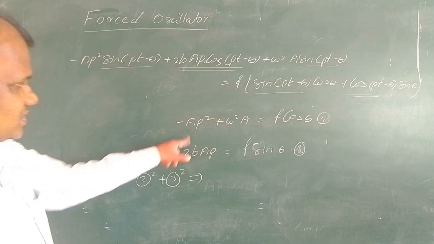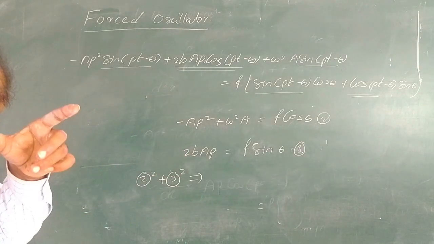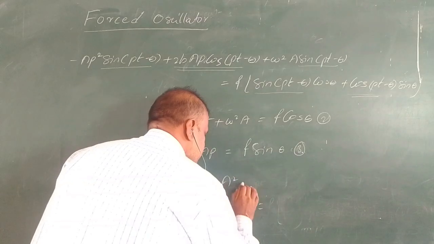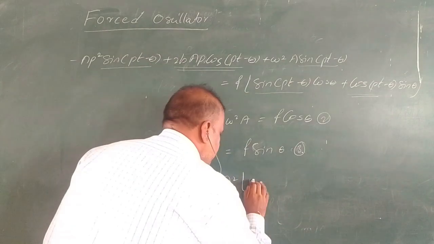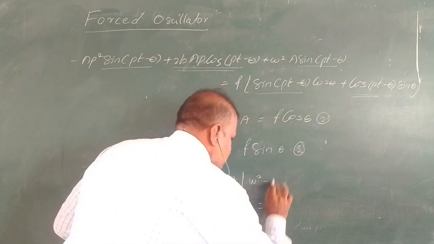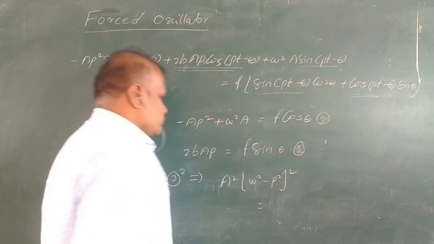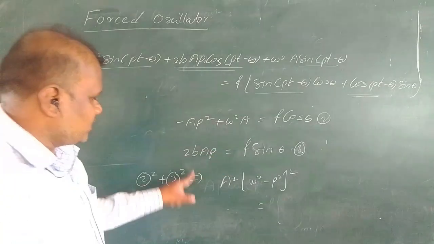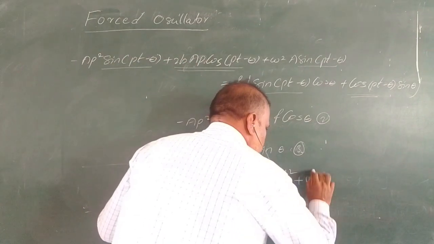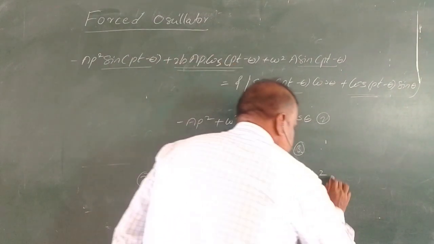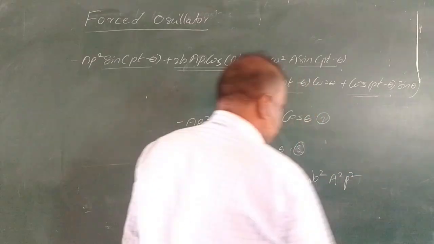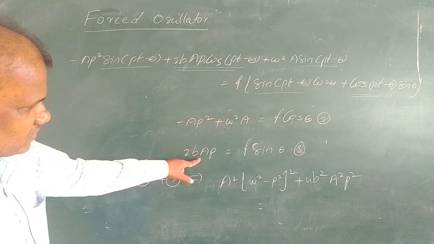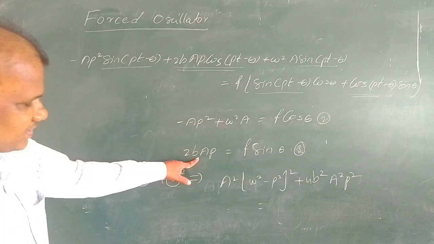In both cases we have a as common, so you can write a square times (omega square minus p square) whole square, which is the square of equation number 2's left hand side, plus 4b square a square p square, the square of equation number 3's left hand side.